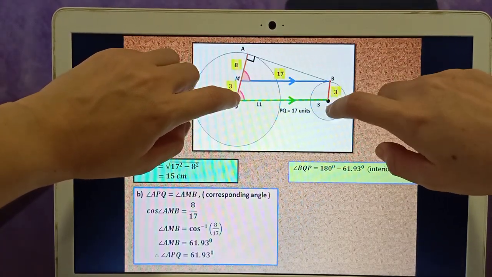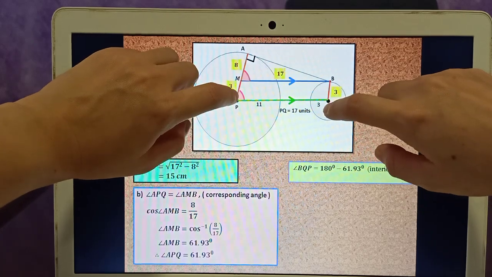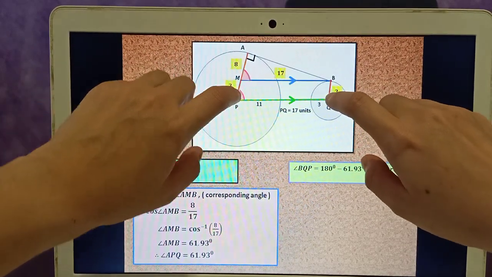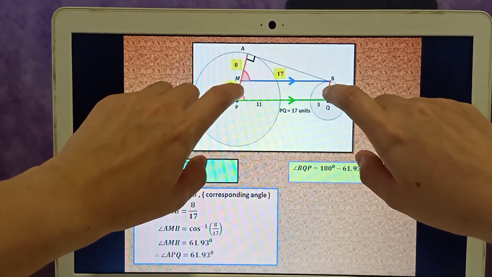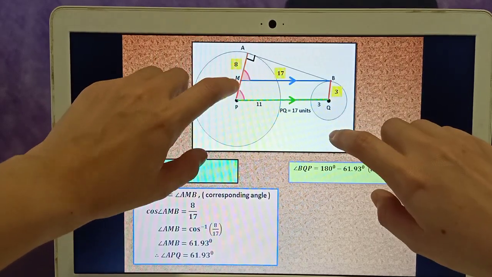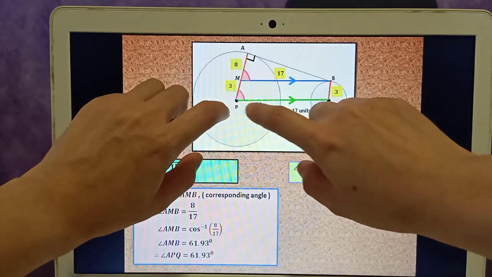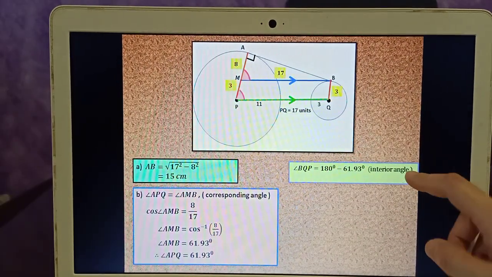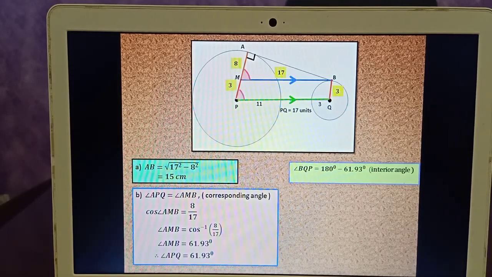So when these two radii are parallel to each other, these two angles, which are angle MPQ and angle BQP, are actually interior angles. So when we sum them up, we will get 180.